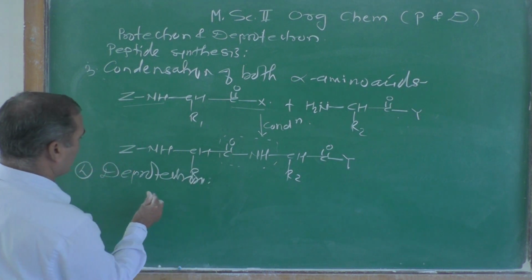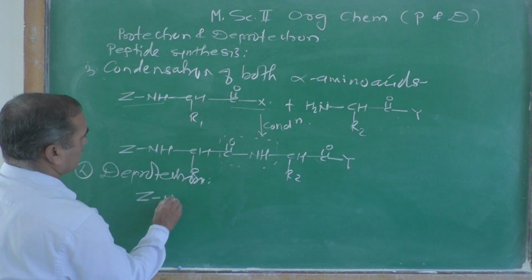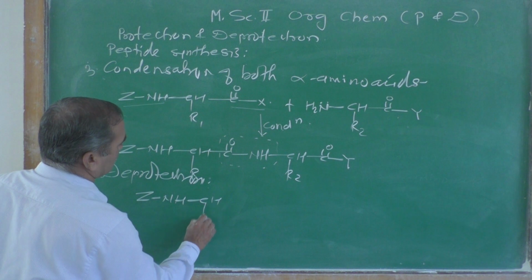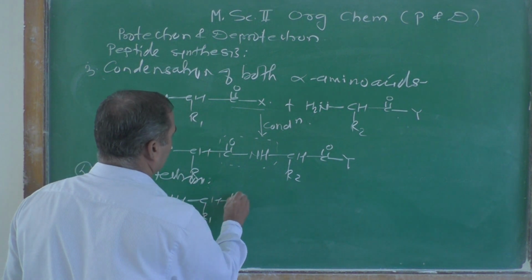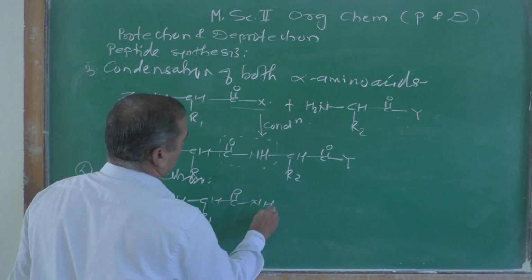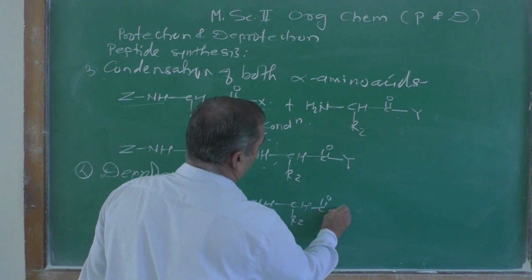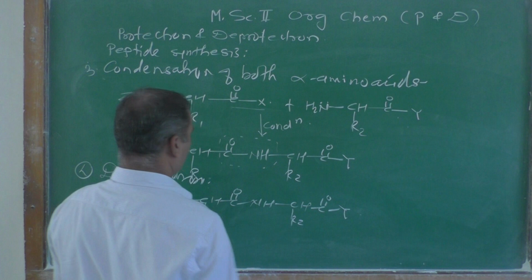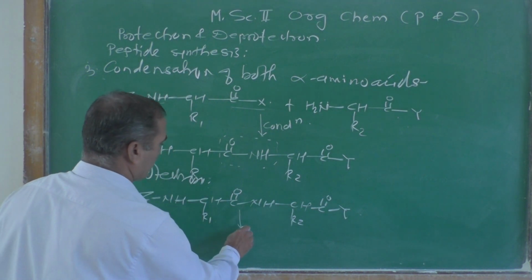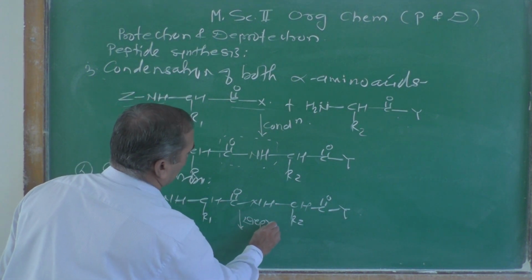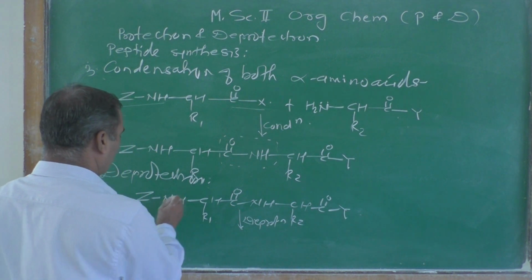This is the product we got here: Z-NH-CH(R1)-C=O-NH-CH(R2)-C=O. By using a suitable deprotection reagent, what do you get?